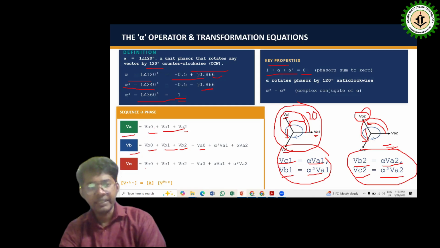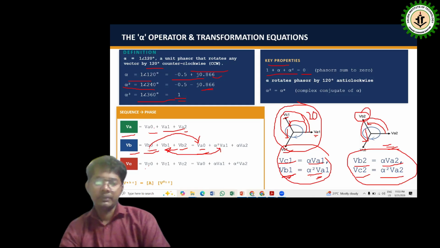So VA0 equals VB0 equals VC0. And VB1 we can write in terms of VA1 also. Because VB1 equals alpha square VA1.